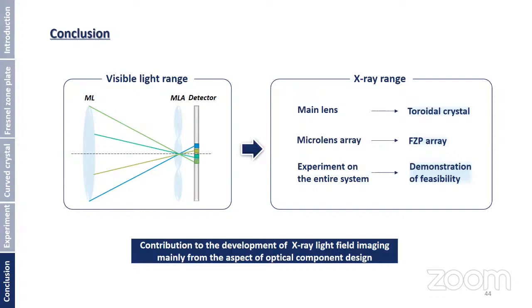The experiment results demonstrated the feasibility of light field imaging in the X-ray range. Overall, the work of this thesis contributes to the development of X-ray light field imaging, mainly from the aspect of optical component design.